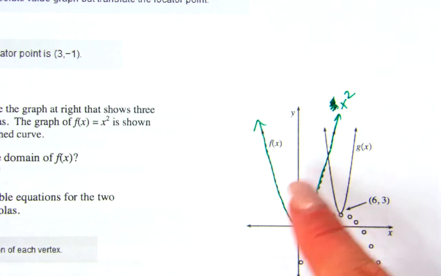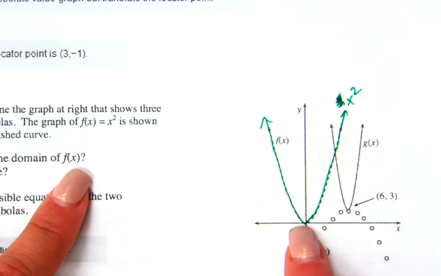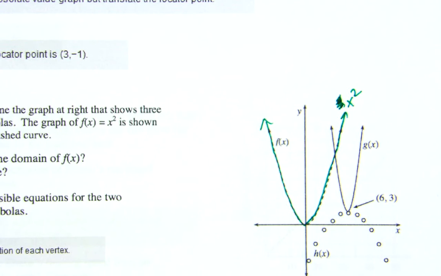And then, what is the domain of f of x? When we did this last year, we did something called a vertical line test. The domain basically means the x values.